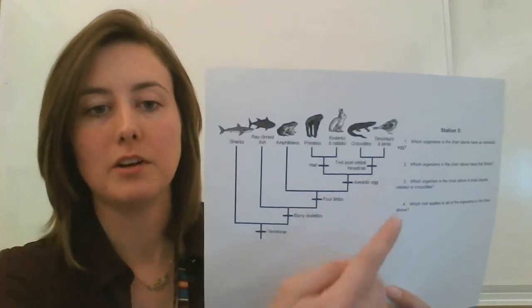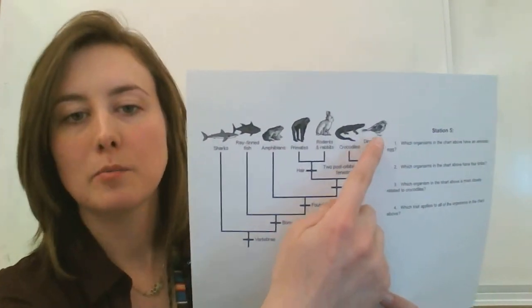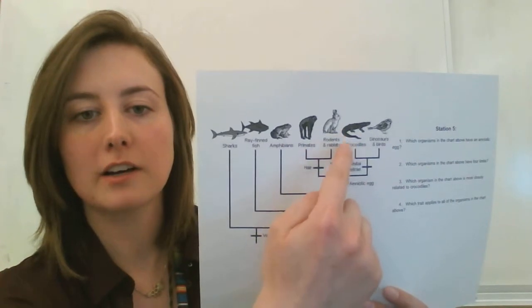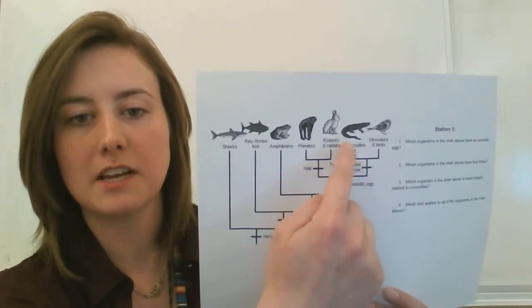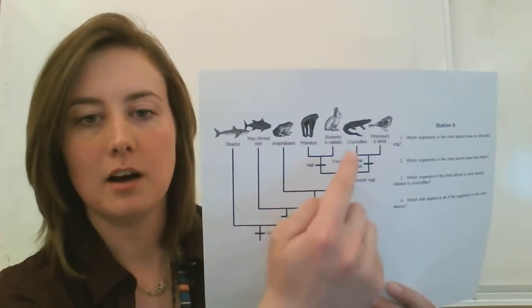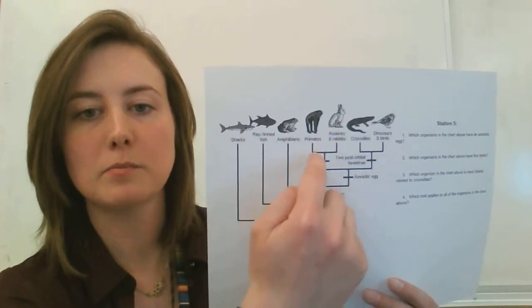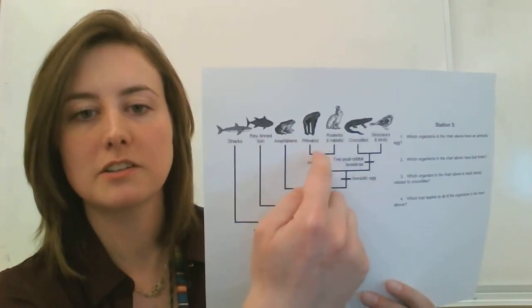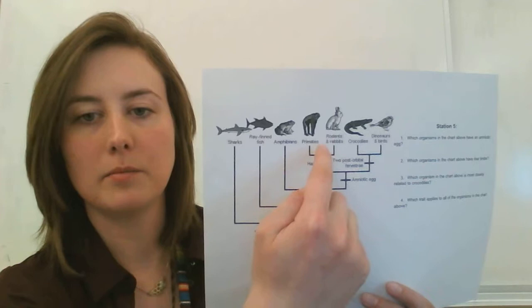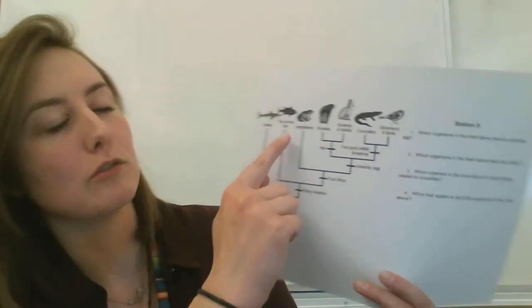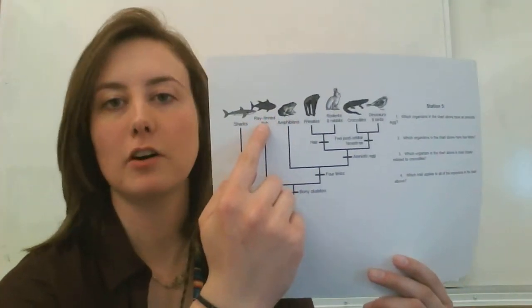So for example, dinosaurs and birds are probably more closely related to crocodiles, because do you see how they're on the same kind of branch here? Same with these 2. Rodents and rabbits are more closely related to primates, they're on the same branch, right? What does that say? The ray-finned fish, that's way farther away.